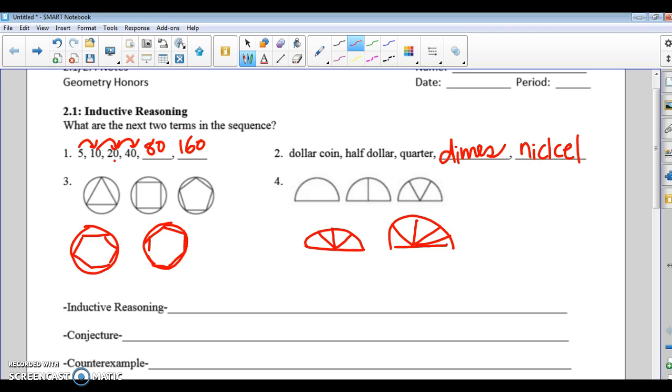So, what is inductive reasoning? Inductive reasoning is reasoning based on patterns and observation.